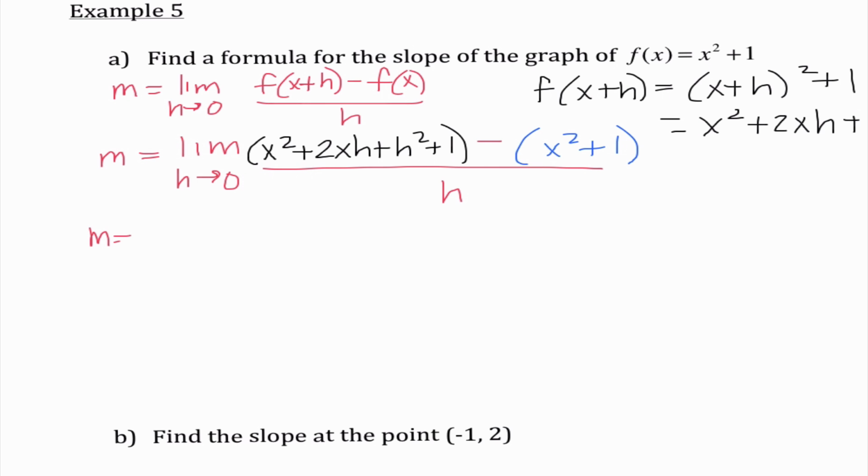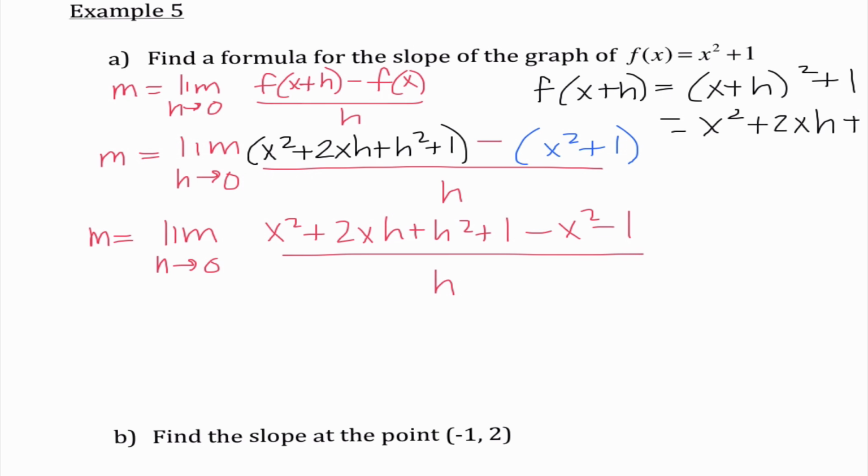So when I go ahead and distribute, I have x squared plus 2xh plus h squared plus 1 minus x squared minus 1 over h. So if we look, our x squareds cancel and our 1's cancel.